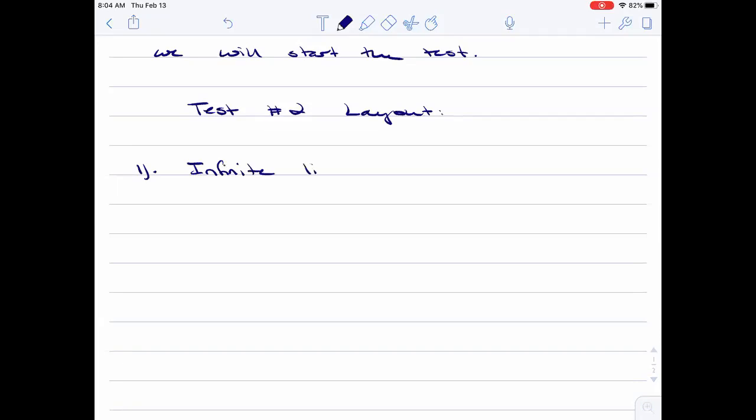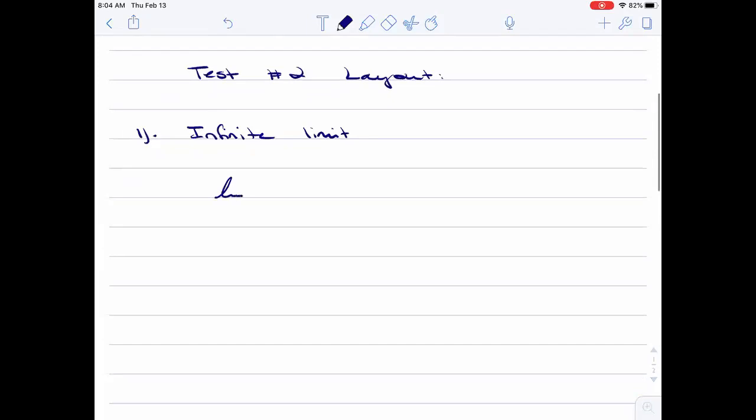Infinite limit question. That's the limit as x goes to either positive infinity or negative infinity of f of x. If x is going to infinity, that's hard to plug in, but you have to figure out the behavior of f of x as x gets large.